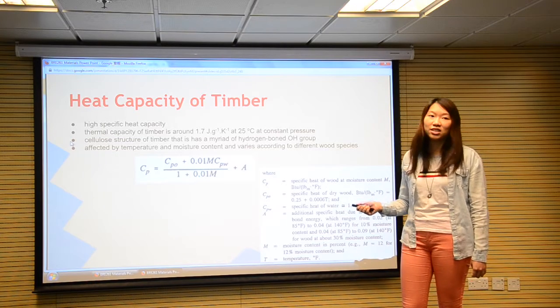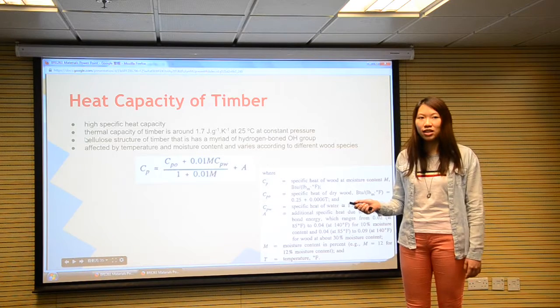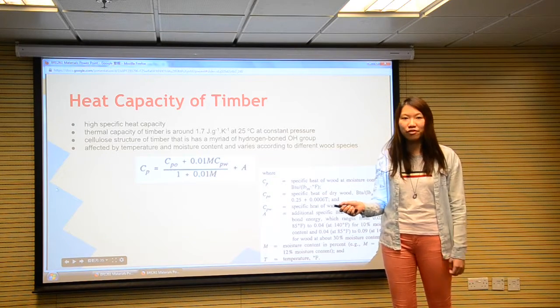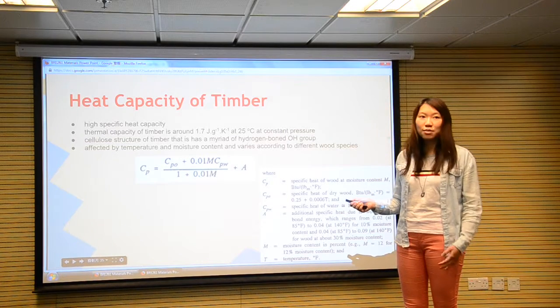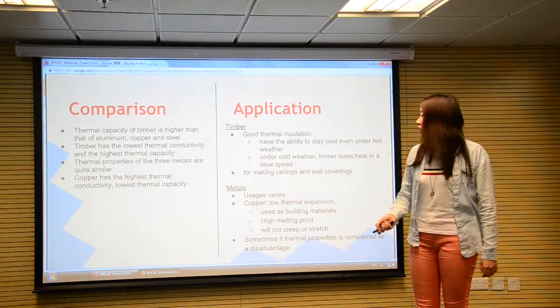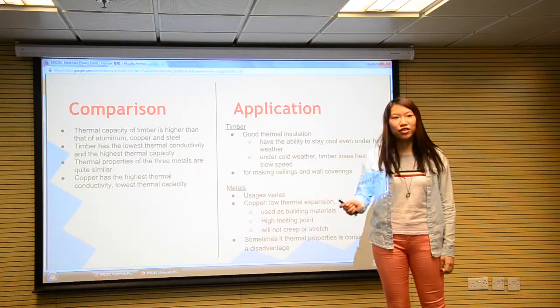However, the heat capacity of timber is also affected by temperature and moisture content, and the accurate heat capacity varies according to different wood species. The heat capacity of timber can be calculated through this equation. So I'll do a comparison between timber and a few metals.